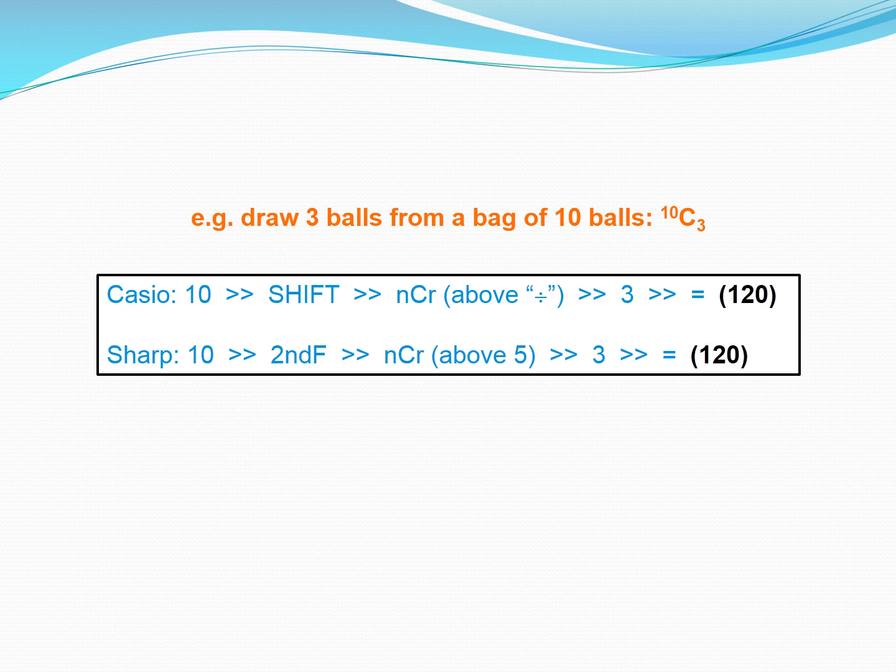On the Sharp calculator, you will input 10, press second function, get the function above the digit 5, enter 3 and press equals, so you will also have 120 combinations in total.